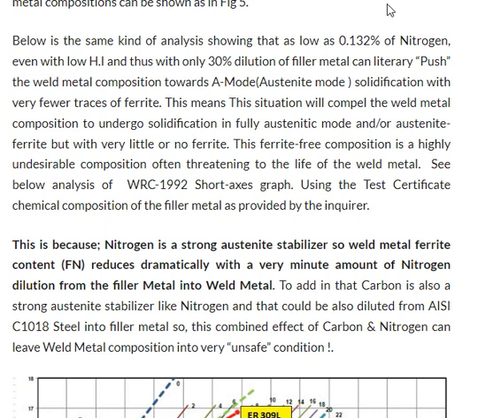When the weld metal solidifies in only primary austenite, the austenite grain boundaries are very easy for a crack to propagate through, but the austenite-ferrite boundary is a zigzag boundary. So when we have some traces of ferrite, these AF boundaries can prevent the crack from passing through, and the crack cannot easily pass through this ferrite and austenite zigzag boundary.